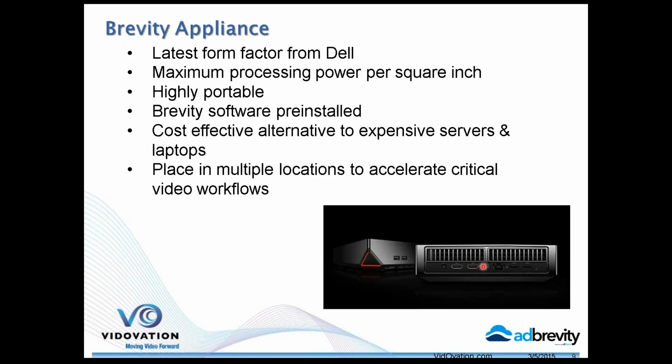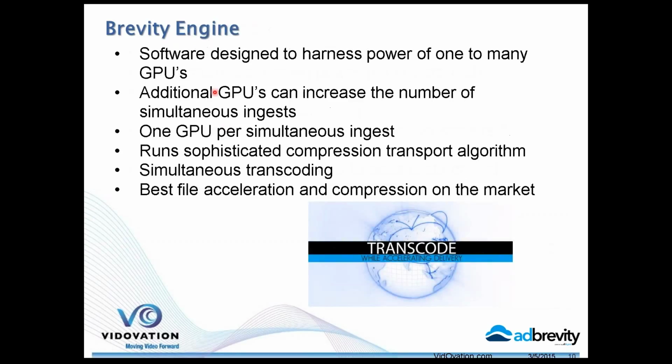For the enterprise, we'd have more of a server, probably multiple GPUs to have more ingest and transcoding and transport capability. But this could work in a satellite office, or someone on the road could have a small appliance like this with the Brevity software pre-installed and do accelerated file transfer and transcoding on the fly.